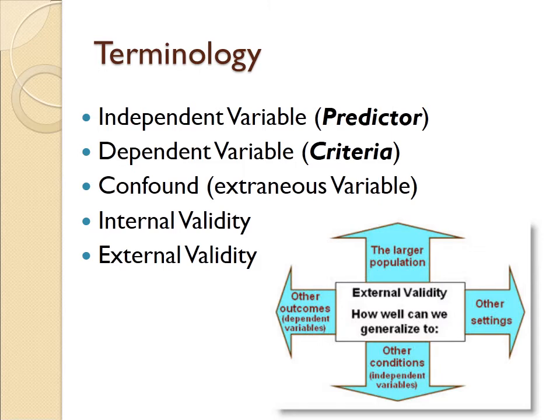And then we'd basically make an argument, this may generalize to other populations, other settings, other conditions, and other outcomes, but as of yet, we don't know if it does. And the way that we find out if it does is to run additional studies. So a lot of studies that are done are actually replications checking for external validity.